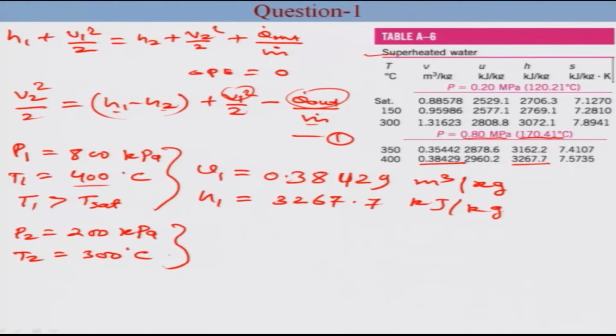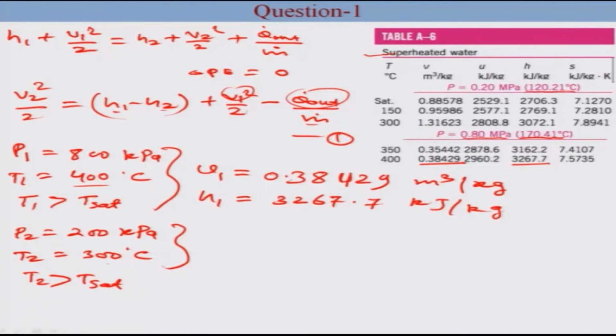Corresponding to these conditions, this is also a superheated condition, because T2 is greater than T sat. T sat should be 120.21 degree centigrade at 200 kilopascal, but this temperature is above the saturation temperature.